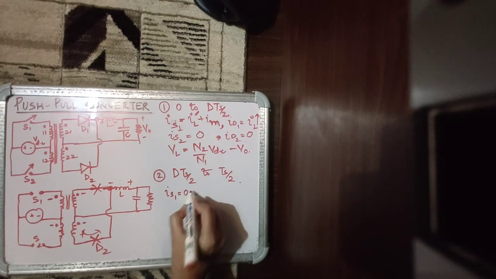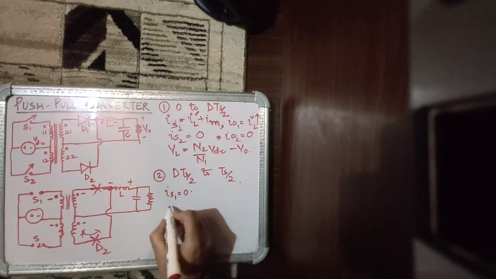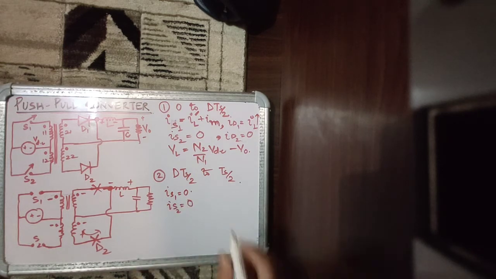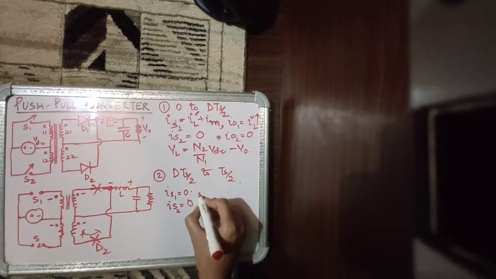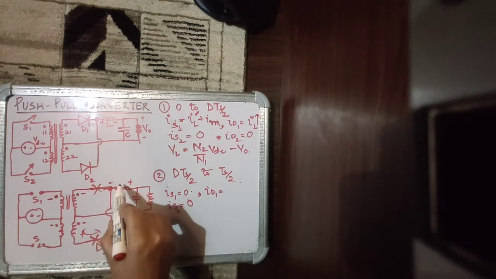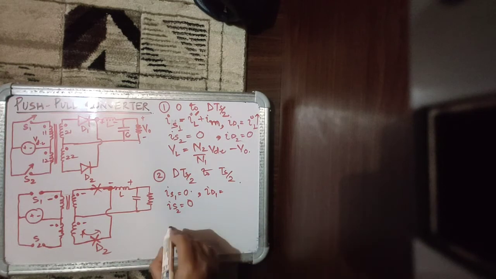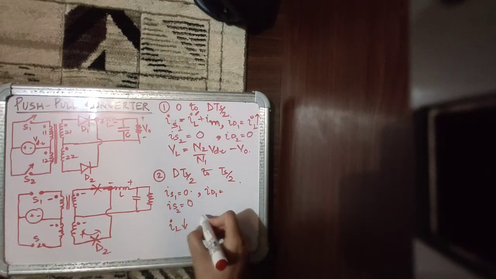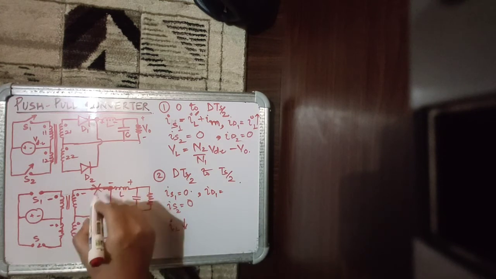So if you see now all the currents that are flowing in the circuit, the switch current S1 is 0 because it's not conducting. The switch current S2 is also 0. The diode current, say ID1, is equal to, now the inductor is releasing its energy, so IL is falling and we are assuming it's in CCM. So this IL is shared both by D1 and D2.